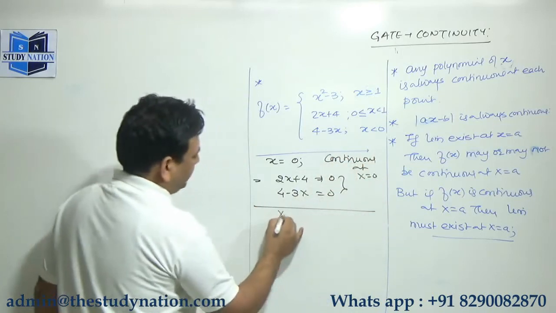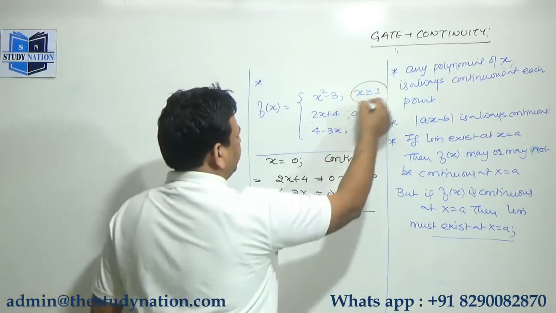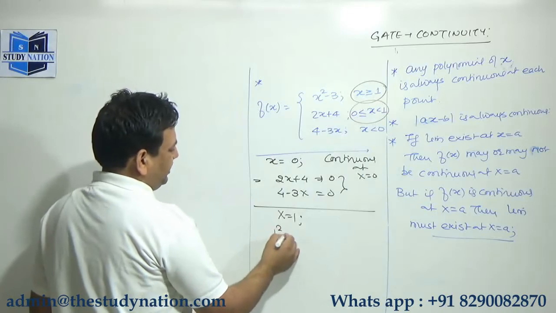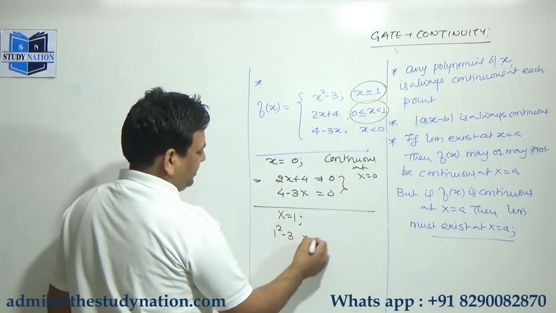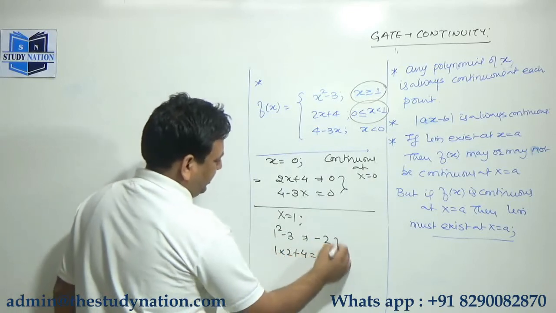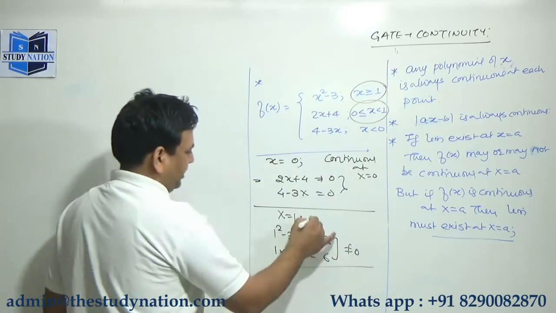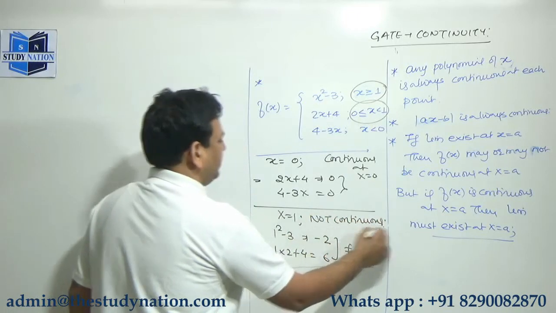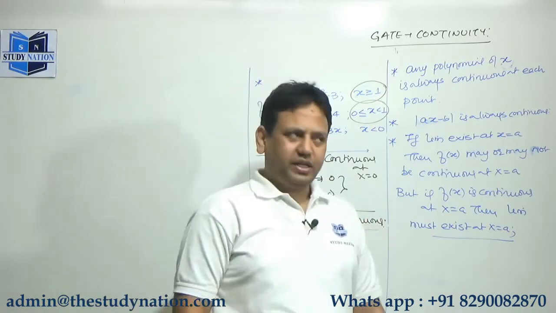Now what about x equal to 1? This is the one definition, this is the second definition. So 1 square minus 3 is equal to minus 2, and 1 into 2 plus 4 is equal to 6. So they are not equal, so it is not continuous. Simply this way we can check the continuity.